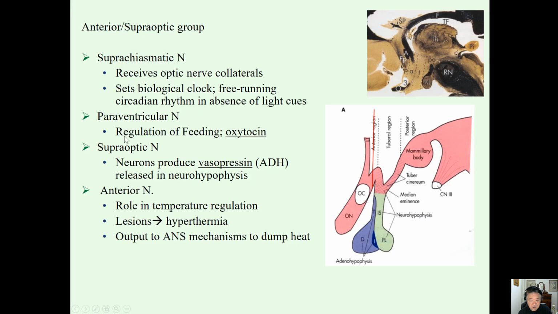The second is the paraventricular nucleus, which produces hormones and also neuromodulators. For example, oxytocin is a neuromodulator, and it can also produce hormones like CRF.